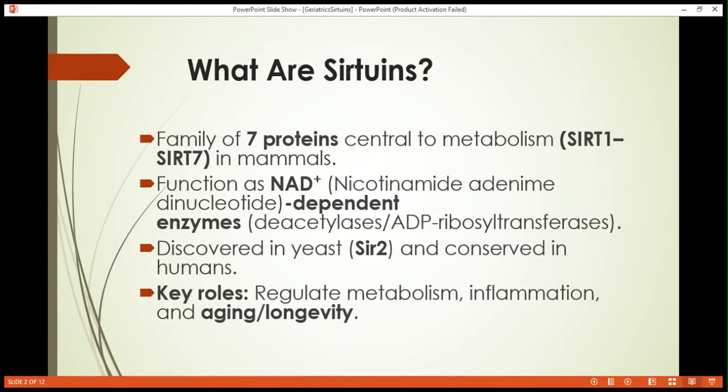And the key roles are to regulate metabolism, inflammation, and aging.